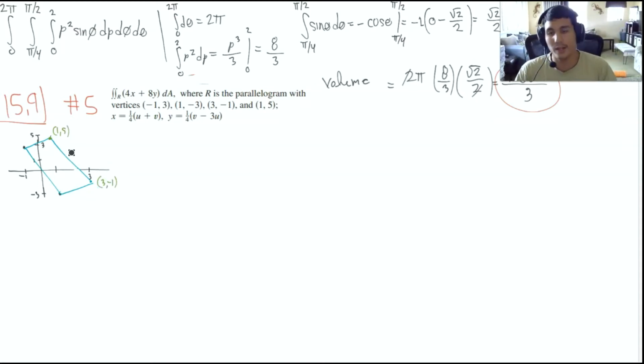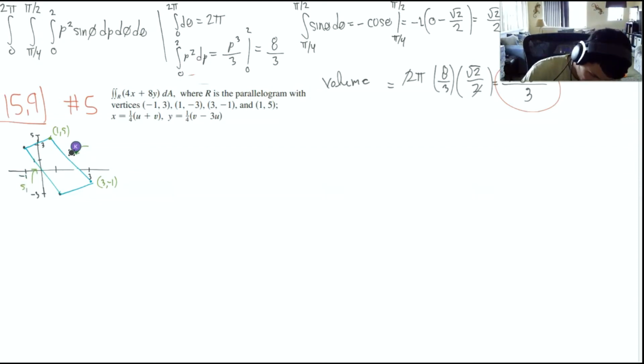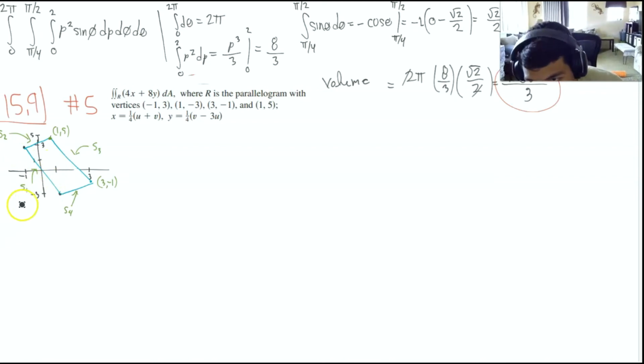Okay, now what I do is I call this S1, and I call this S3, and I'm going to call this S2, and I'm going to call this S4. Now what you guys should notice is that if you were asked to find equations for each line here, each S, you would say, oh, well, S1 and S3 have the same slope because they're both parallel.